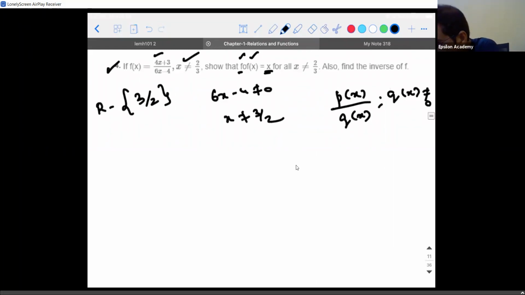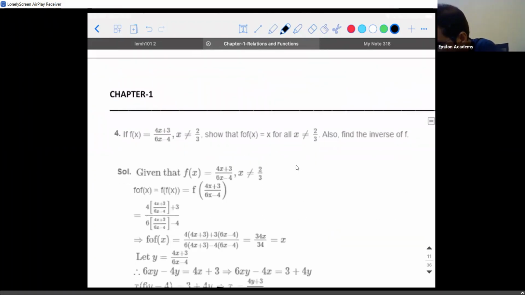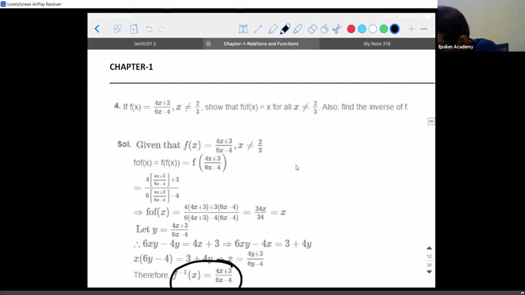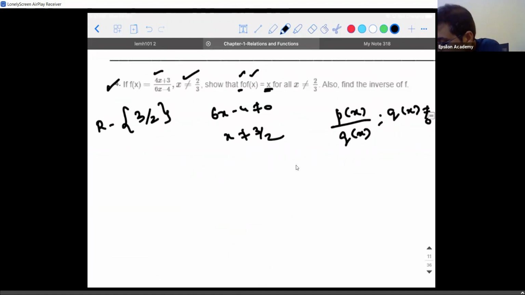So now what are the steps to be followed, guys? I gave you certain steps. We have to find the range. Here actually it is not needed, because they directly told show that f circle f of x is x. It's an identity function. So directly proceed with what is f of x.